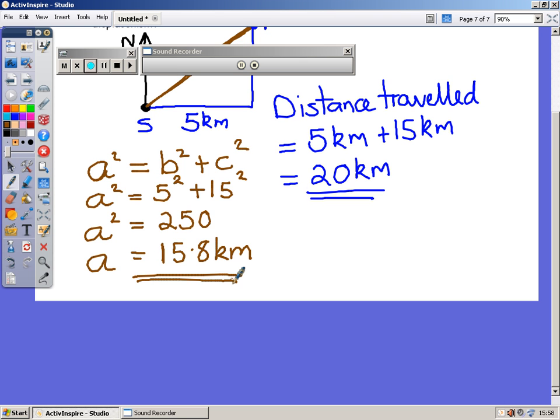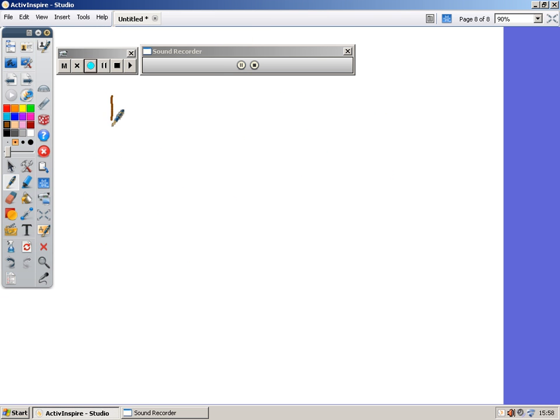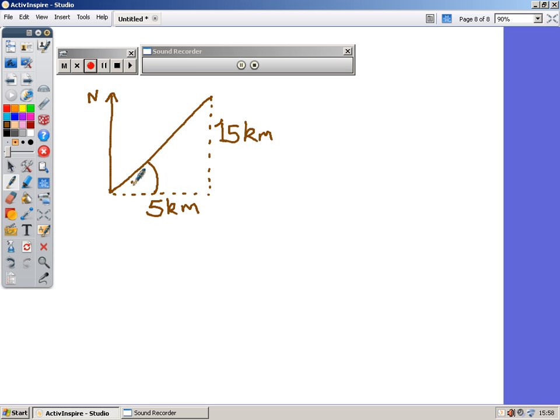So if we go on to the next sheet and just remind ourselves that was north, and Mark had done this journey where this was 5 kilometers and this was 15 kilometers. What we now need to do is calculate this angle, but then go on to describe exactly where Mark finished compared to where he started.